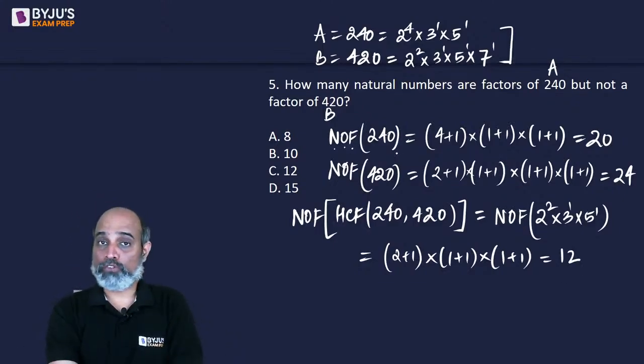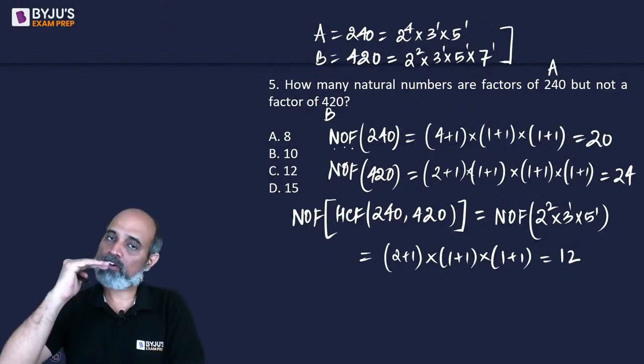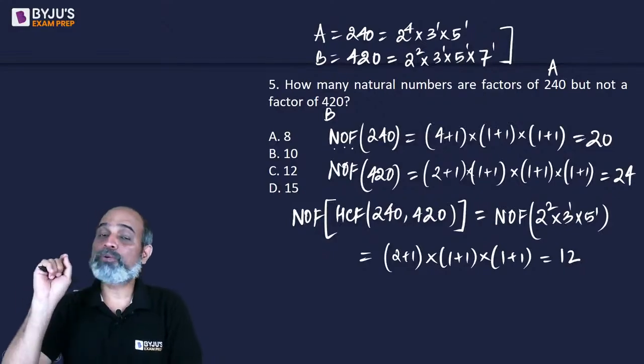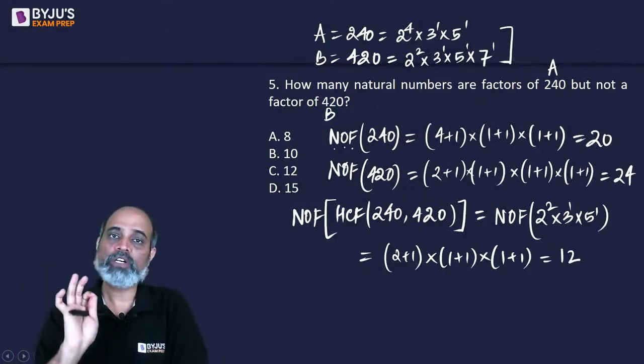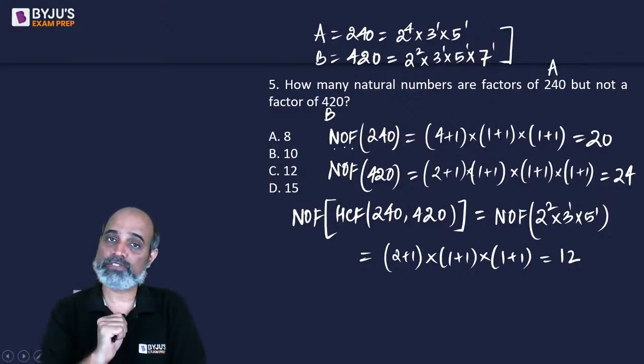So out of the 20 factors of 240, 12 factors are the same as those of 420. Similarly, 420 has 24 factors. Out of those 24 factors, 12 factors exist in 240 as well.